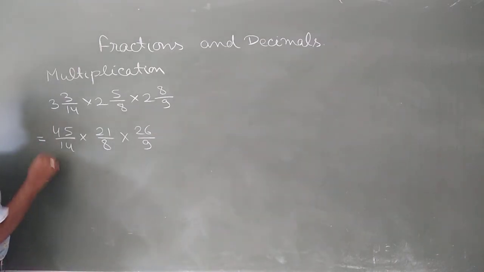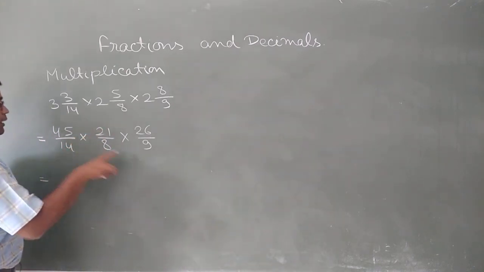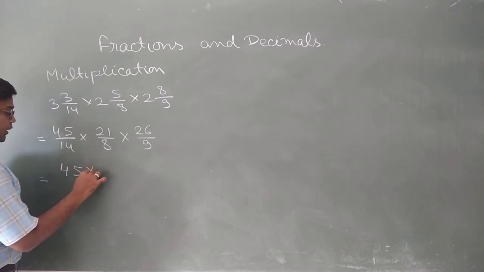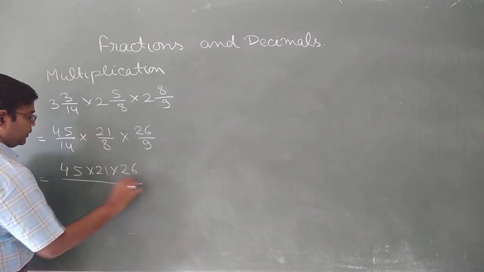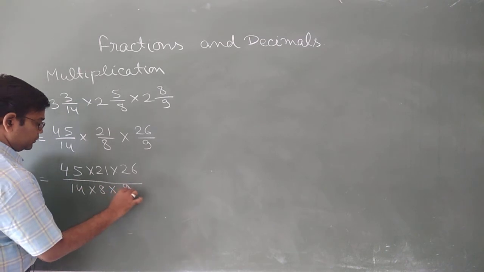Remember, in this case, numerator is multiplied by numerator and denominator by denominator. So we can write 45 into 21 into 26 divided by 14 into 8 into 9.